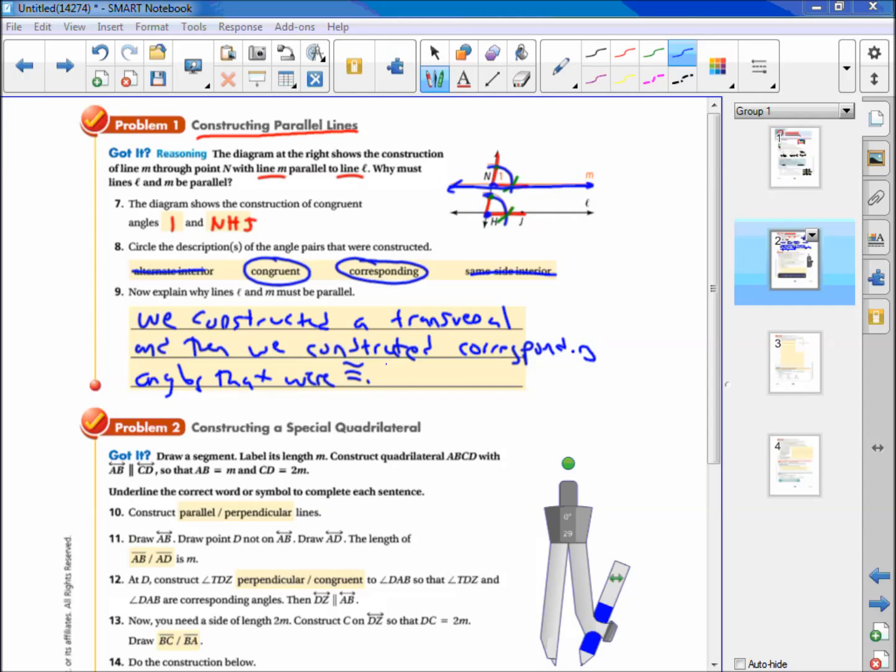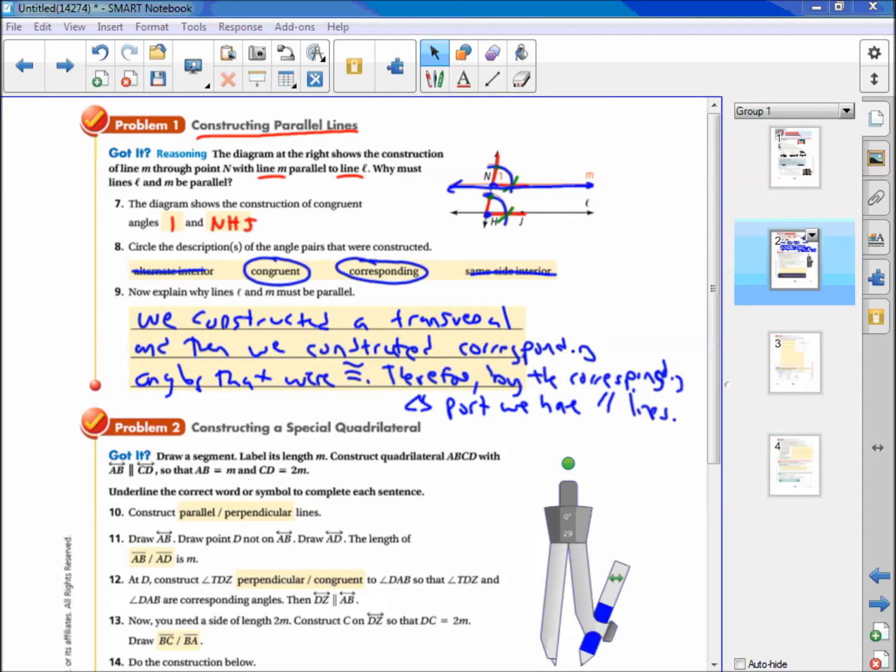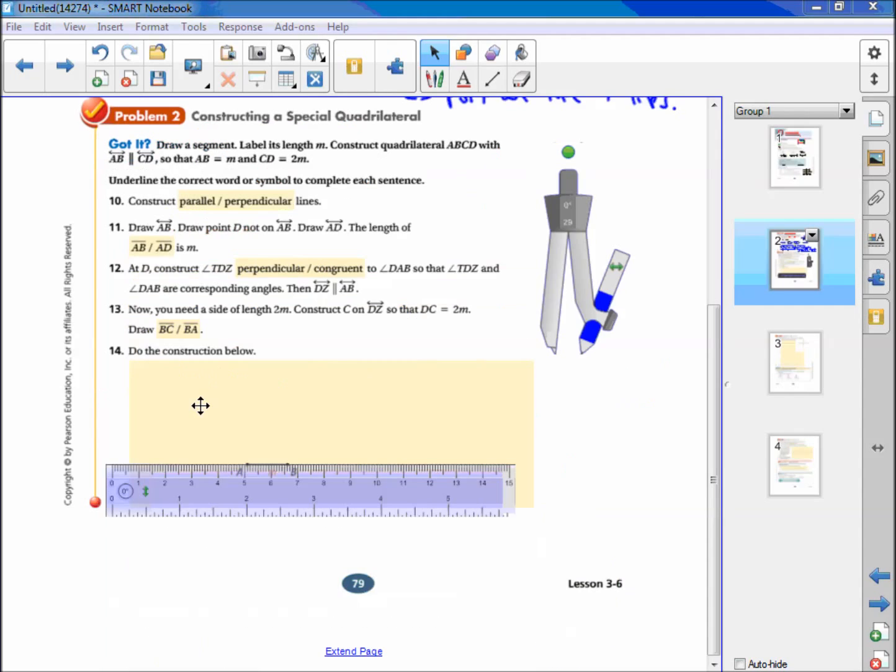Okay, and then by the corresponding angles postulate, we could get parallel lines. Therefore, comma, by the corresponding angles postulate, we have parallel lines. So remember, the corresponding angles postulate says if the corresponding angles are congruent, then the lines are parallel.